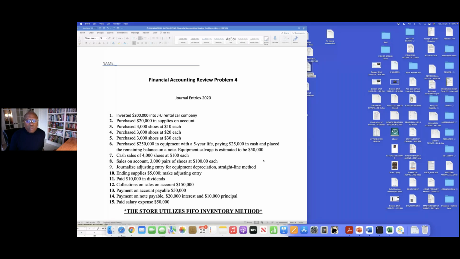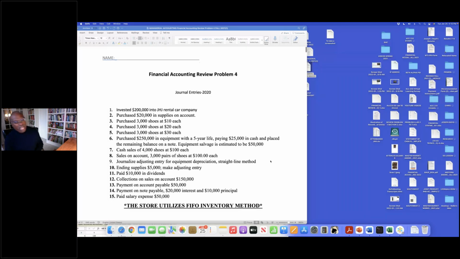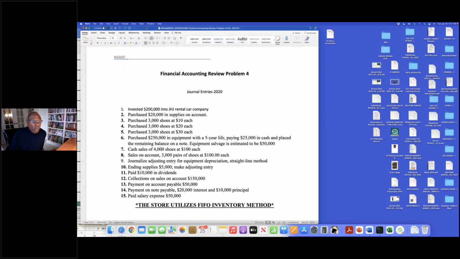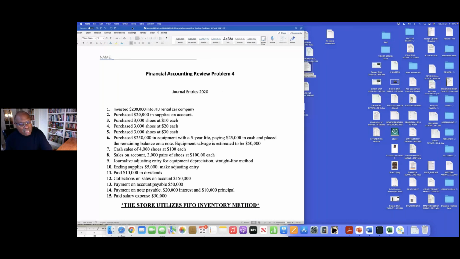Okay. So we have financial accounting review problem 4, and what I decided is that we would work in teams, and that way we would then go back to an individual problem on Thursday. But I want to make sure that everybody has a good background in the financial part of it, so that it'll be easier as we do other parts.